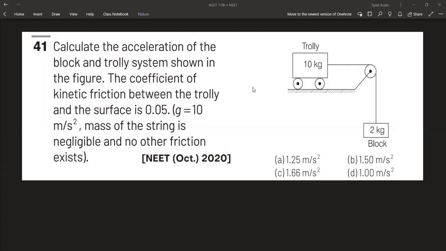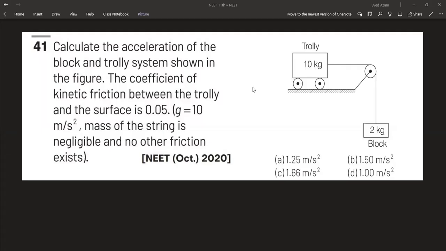What is theta here? Ma'am, we can take the angle of 90 degrees, right? Why? There is no involvement of angle here. Okay, ma'am.